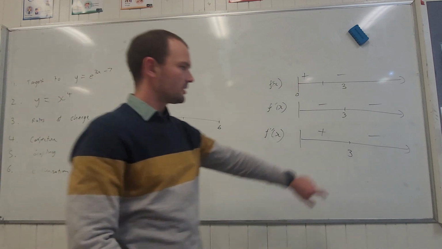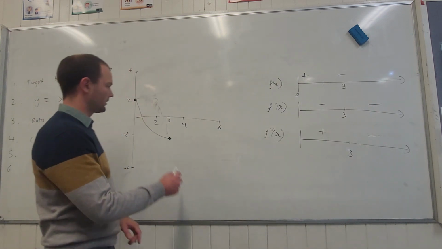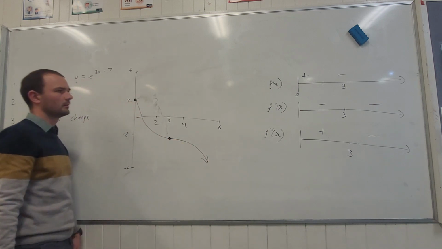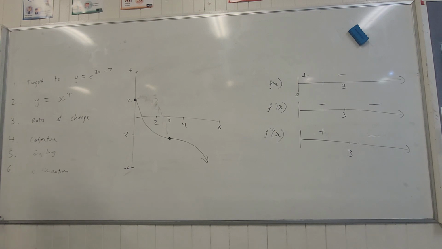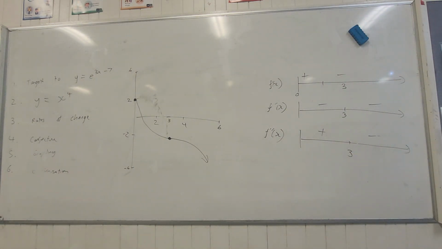Then it transitions to being concave down and still decreasing. So you notice we're decreasing, but concave down. And that is everything. That's quite a tricky one, bringing all that together. All right. Keep going. We're smashing them.